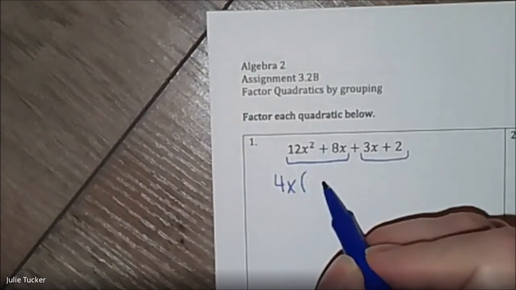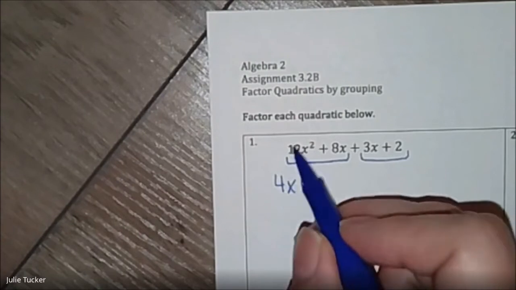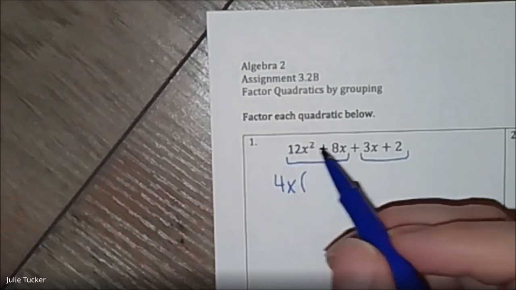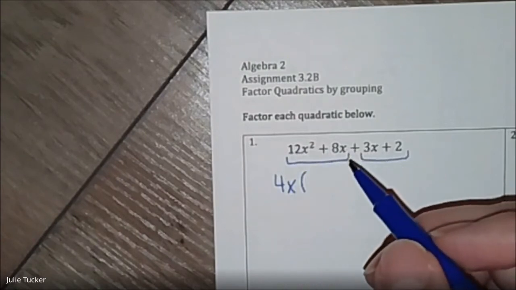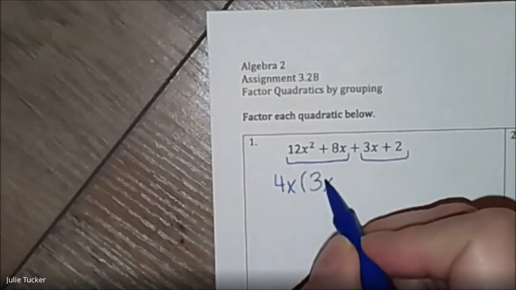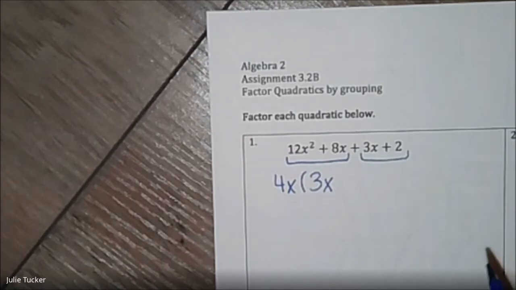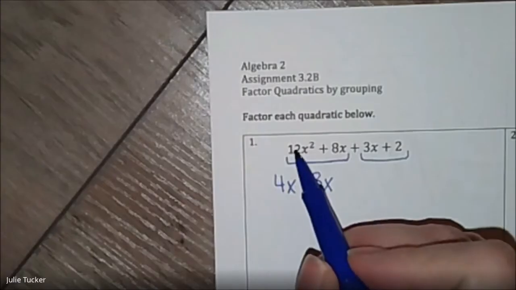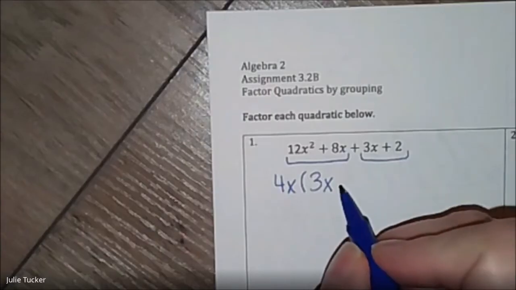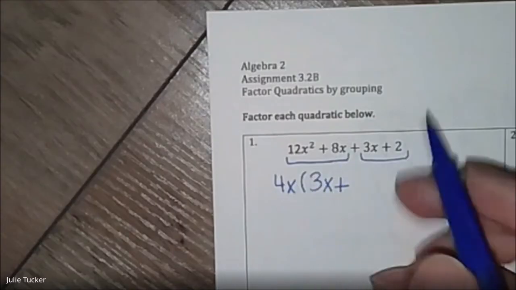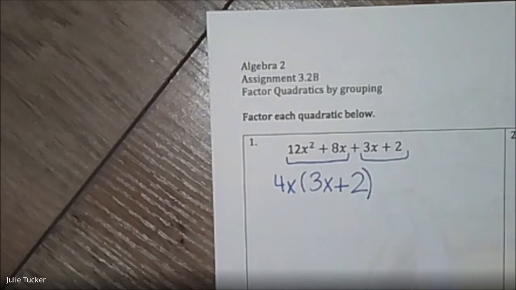And tell me what goes inside here. Well, not just x, because I have to do 4 times what to get 12? I need to put a 3x there. Okay? Because 4 times 3 is 12. And then 4 times 2 is 8, so I'm going to put a 2 here.